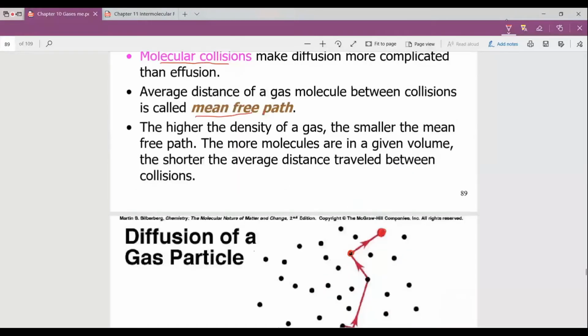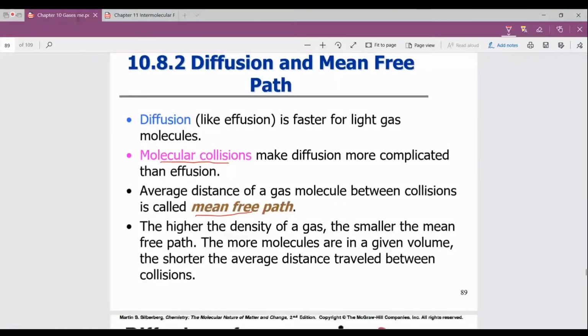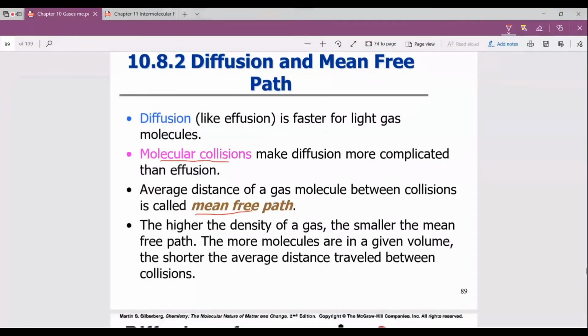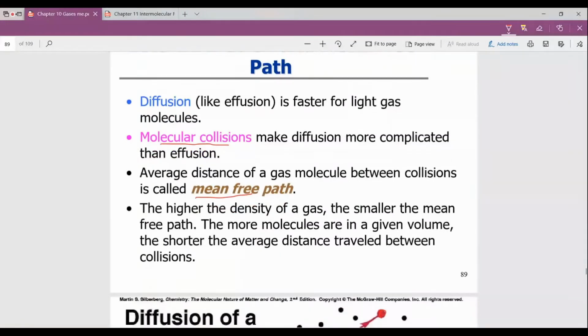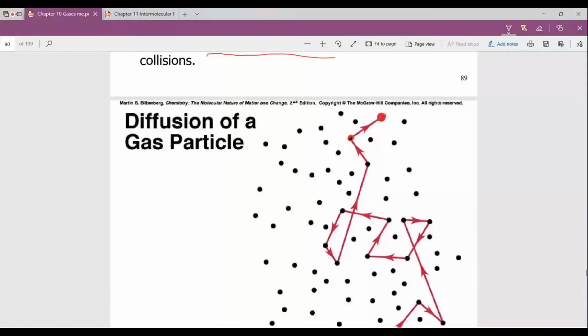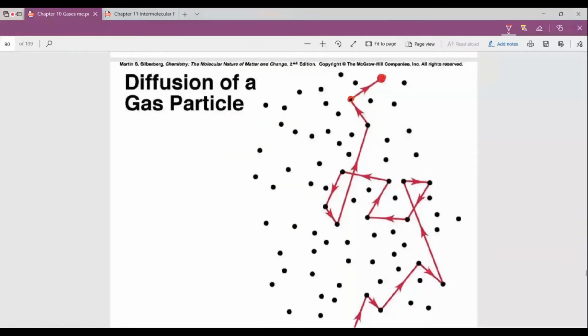So the higher the density of the gas, the smaller the mean free path. The more molecules in a given volume, the shorter the average distance traveled, with fewer collisions here. So this is the movement of the molecule, and the average distance of movement here we call the mean free path.